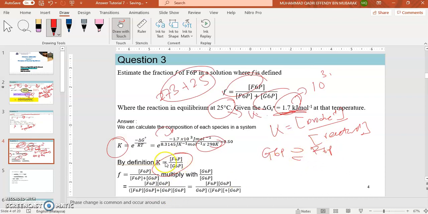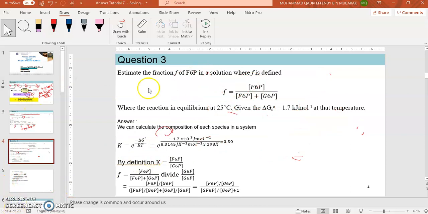That's why I can write K equal to the concentration of F6P, where this one is the product, over G6P, which is our reactant. So by definition, K is the concentration of F6P over G6P.